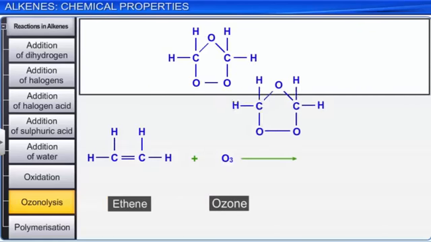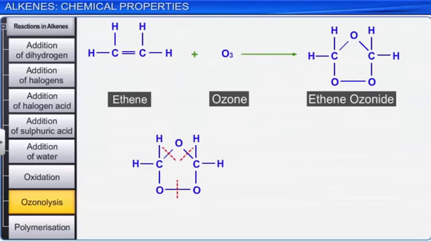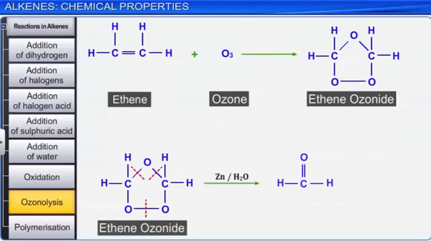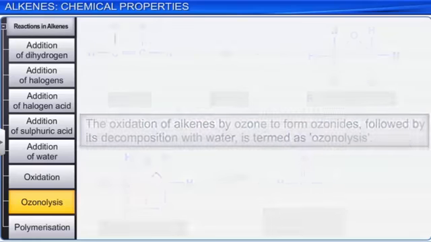This, on hydrolysis, forms formaldehyde or methanal. The oxidation of alkenes by ozone to form ozonides, followed by its decomposition with water, is termed ozonolysis. This reaction is useful in locating the position of the double bond in an unsaturated molecule.